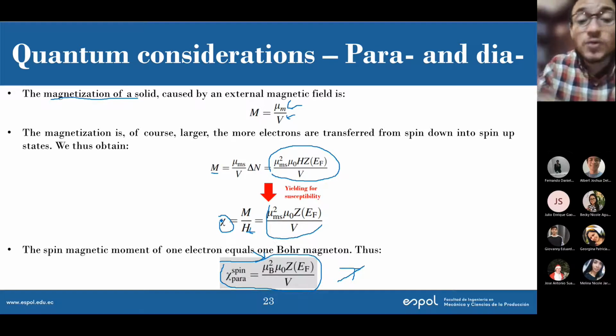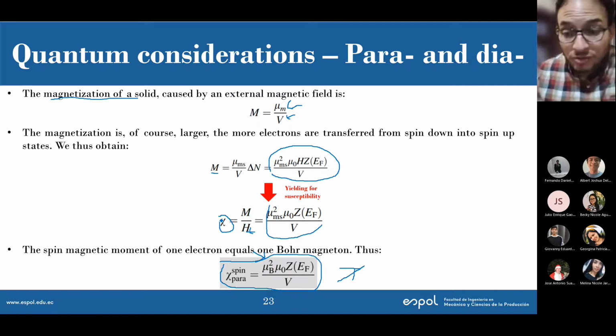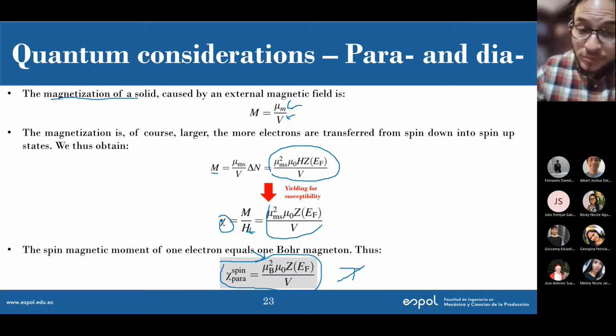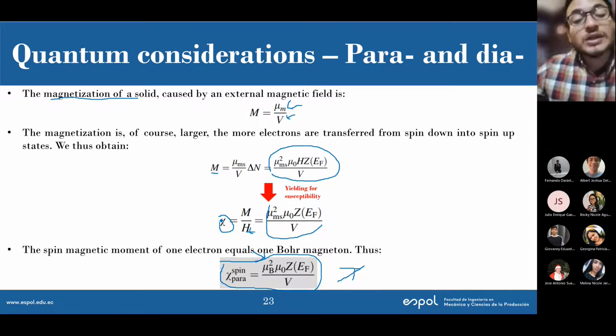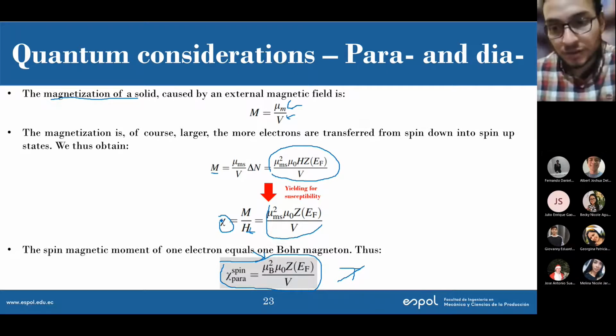Here it's the same. If you assume that all electrons contribute to the spin paramagnetism, you will get a value that is extremely wrong, three to four orders of magnitude larger than the one you obtain experimentally, because not all electrons are capable of doing that, only those close to the Fermi energy.